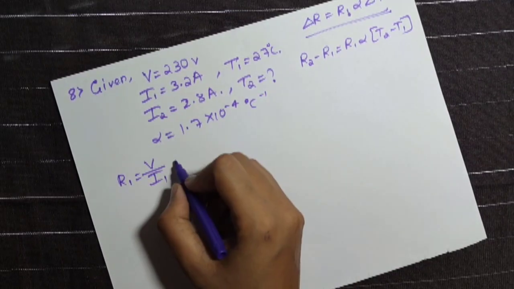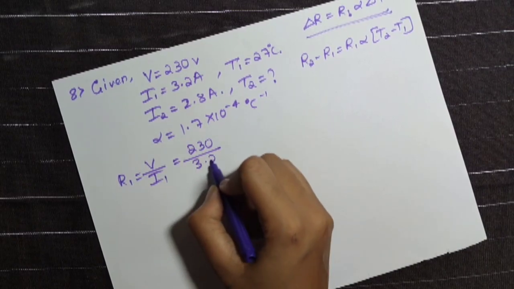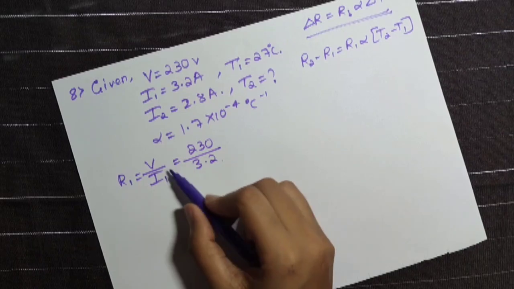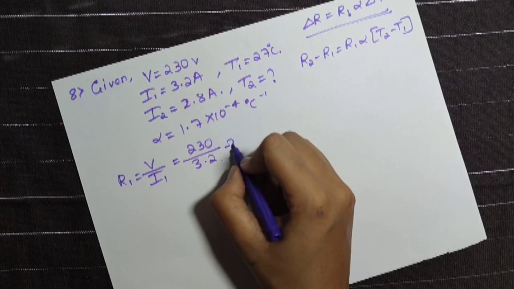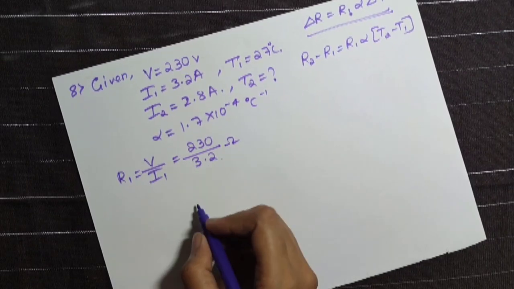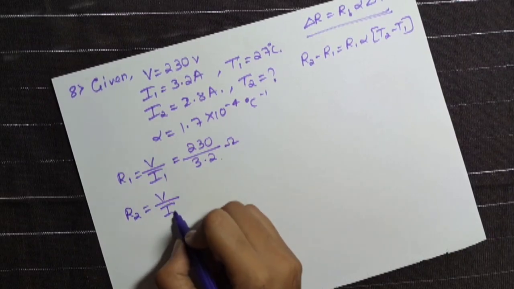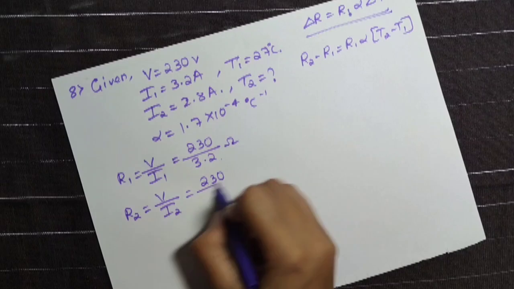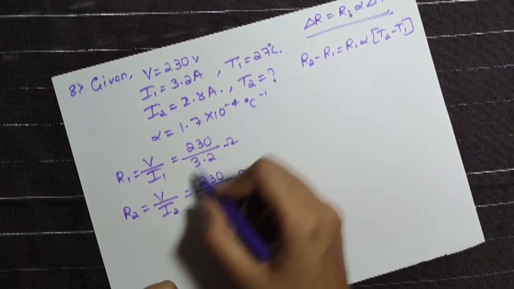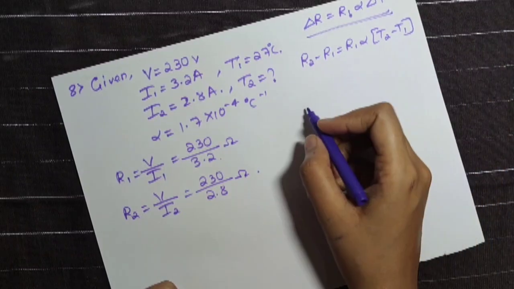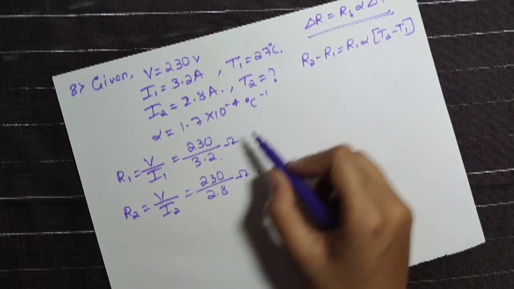Okay, so V value is 230 divided by 3.2. So no need to solve these values. I will write it directly, 230 by 3.2 ohm, and R2 value is V by I2, that is 230 by 2.8 ohm. Okay, so apply this in this equation. See, we can directly cancel out 230 and 230 from these values.